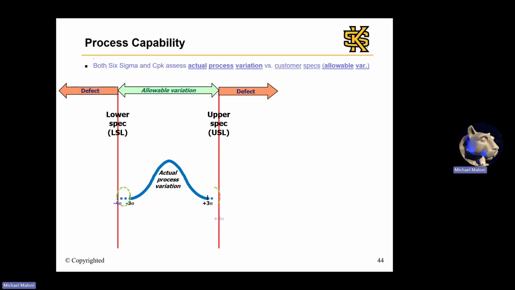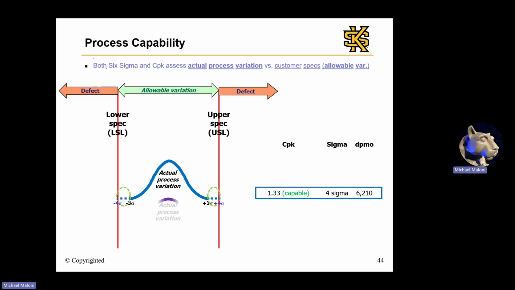And we also see a bit of cushion between +3 sigma and the upper spec limit. +4 sigma of actual process variation crosses the upper spec limit. This CPK value is 1.33, and it's a 4 sigma process. So CPK of 1.33 is a 4 sigma process, and the process is capable.